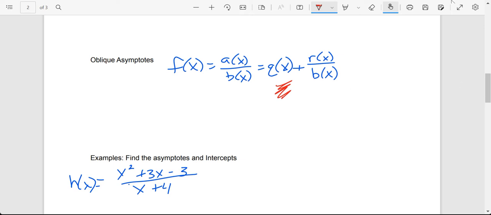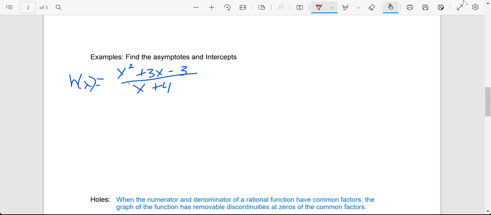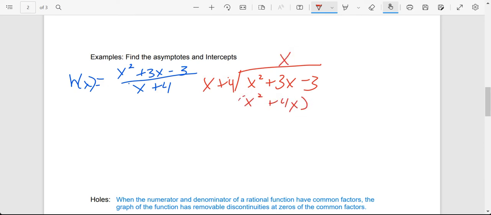Let's do an example together. In this example, I'm just finding the asymptotes and intercepts. I've got to divide the highest powers in the numerator. What times x will get us x squared? x. So x times x plus 4 gives x squared plus 4x.